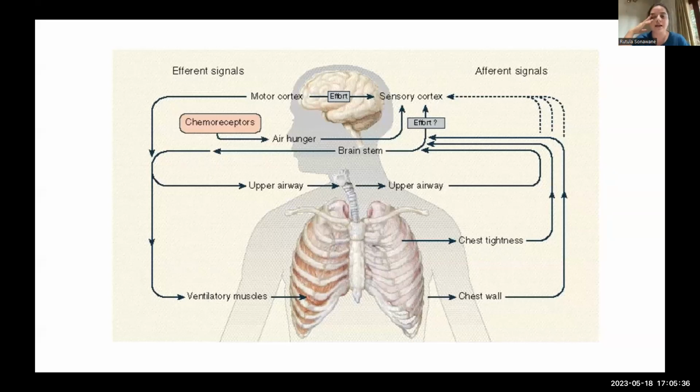So that is the afferents, and the efferents would be sent by the motor cortex downwards, which will basically try to relieve the air hunger that the person is feeling by using ventilatory muscles and the upper airway also, like clearing out. So cough can be induced, and all the other compensatory mechanisms would be activated.